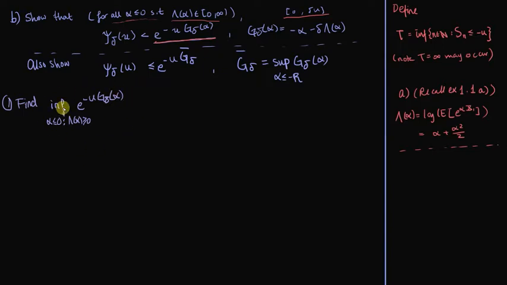This value will then be greater than or equal to our ruin probability, because the infimum is the greatest number that is smaller than this for all alpha, and it is also greater than or equal to the ruin probability thanks to the inequality we have here.